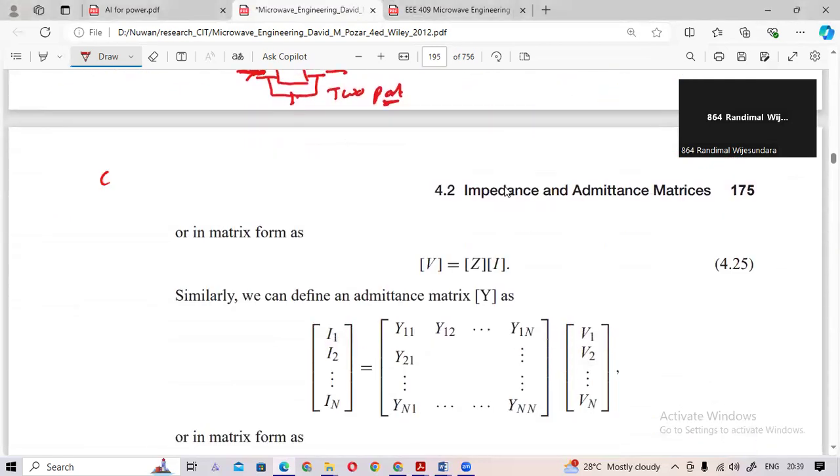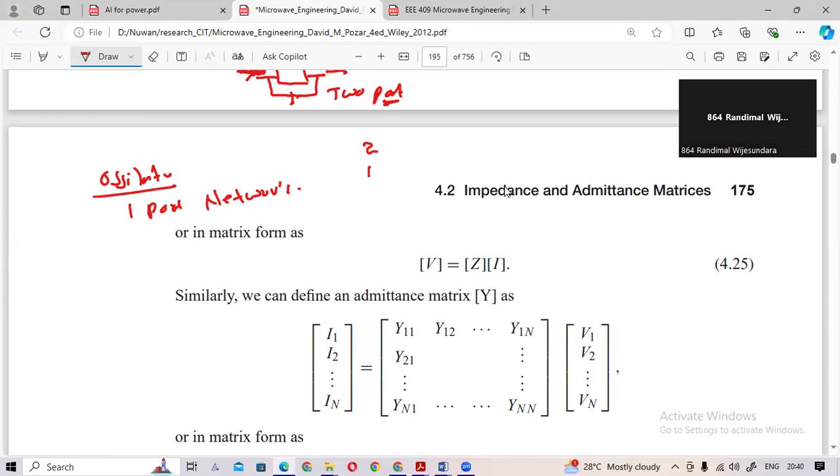If you consider an oscillator, it is a one port device, one port circuit or one port network. So two port networks are there, one port networks are there.